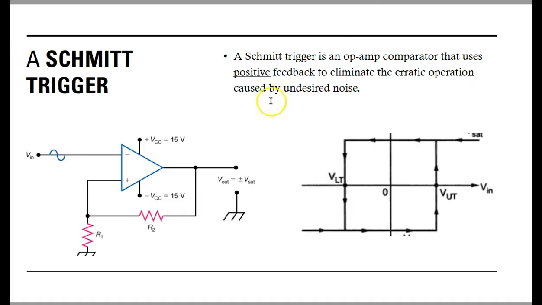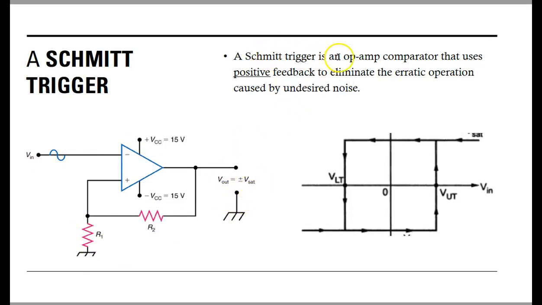Moving on, this is the basic circuit of a Schmitt trigger which you will see in the notes. This is the input voltage, and then you have the resistances R1 and R2, and the output voltage, and the maximum range it can have is between plus and minus saturation.